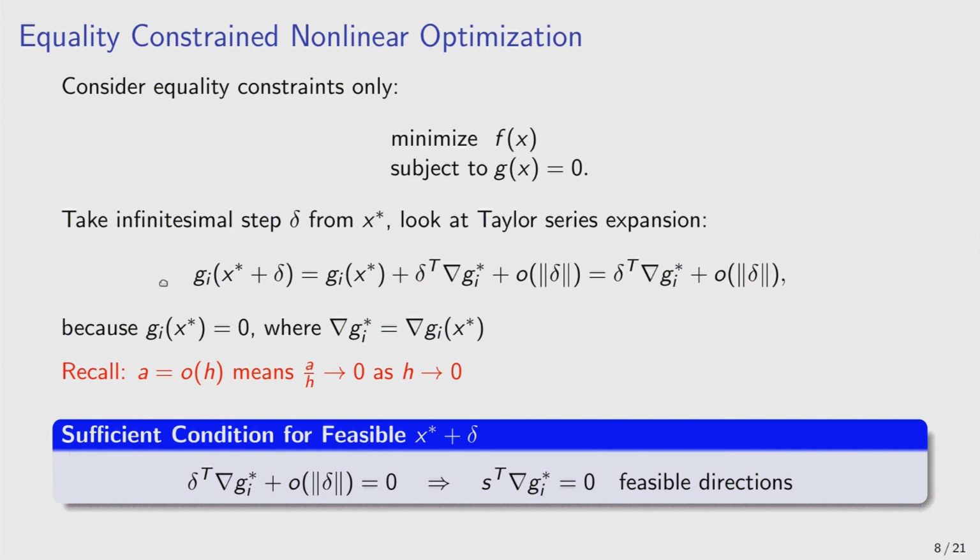So in other words, I will stay close to being feasible if this term is 0. So that's going to be our set of feasible directions. The set of feasible directions are all the directions whose scalar product with the constraints is equal to 0. And the reason we're doing equality constraints is because this way I don't need to worry about which side of the inequality I'm on at this point.